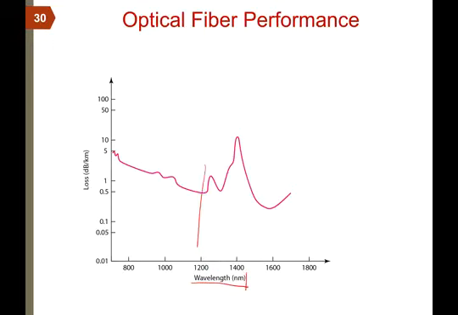You see, here the attenuation is low, here it's very high, so you have to know which wavelength you use. Here is the lowest loss, here is the highest loss, in dB per kilometer. At this wavelength, for example, the loss is very low, less than, say, 0.5 dB per kilometer.